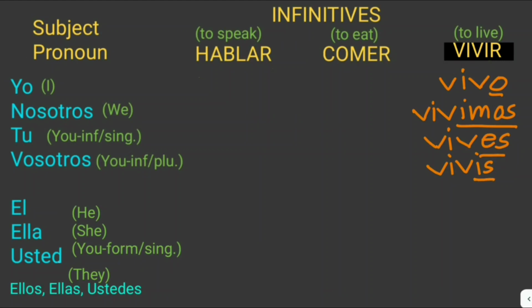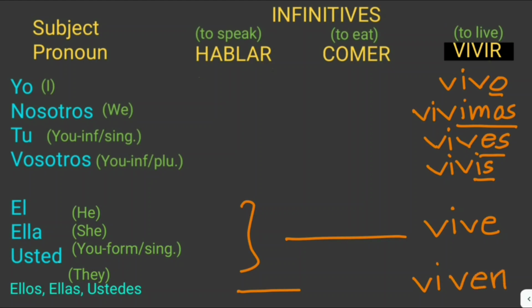And for él, ella, usted, this would just be vive. And for ellos, ellas, ustedes, this would become viven. So we've already conjugated the regular verbs that end in ar, er, and ir.